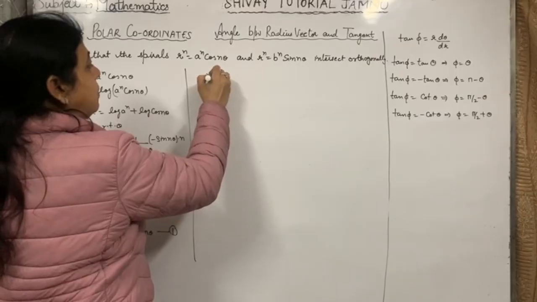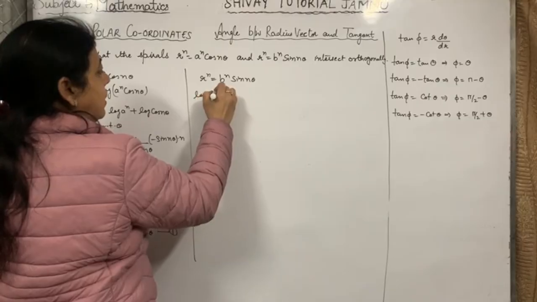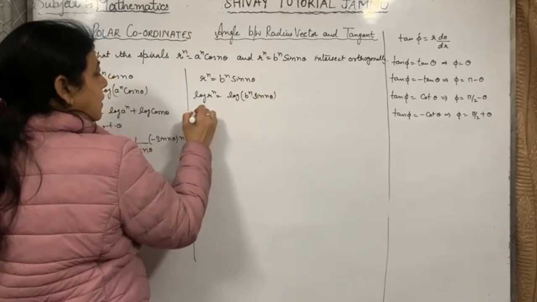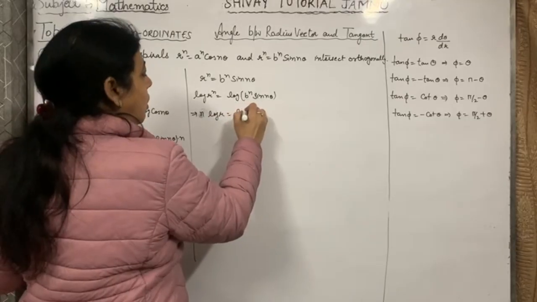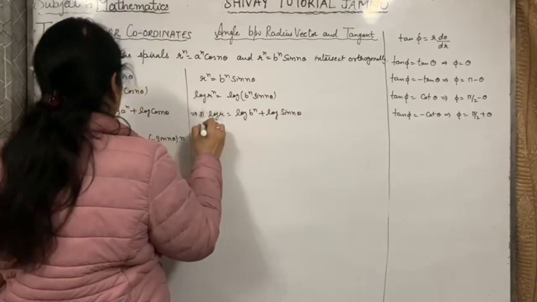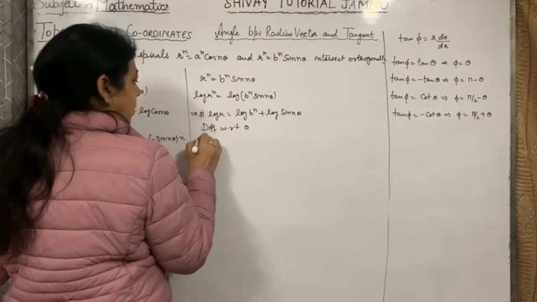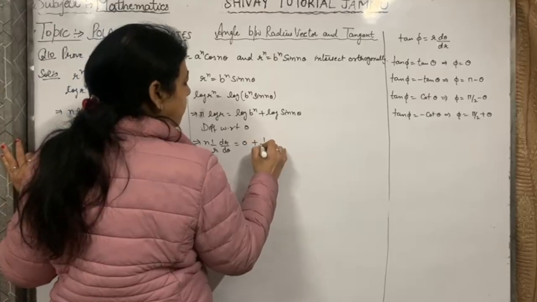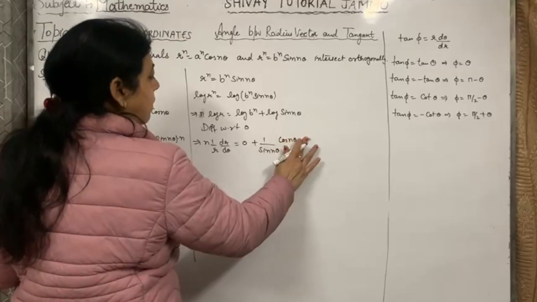Second curve is r raised to power n equals b raised to power n sin n theta. Taking log both sides, n log r is log b raised to power n plus log sin n theta. Differentiate with respect to theta. N into 1 by r dr by d theta is 0 plus 1 by sin n theta into cos n theta into n.